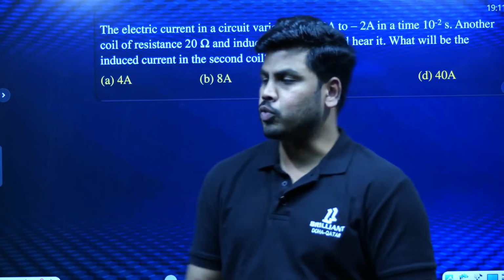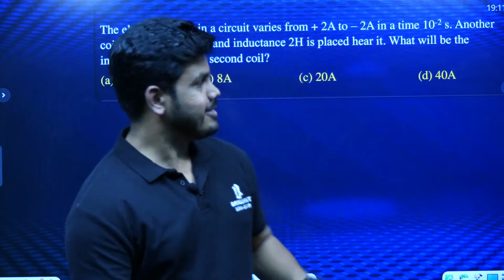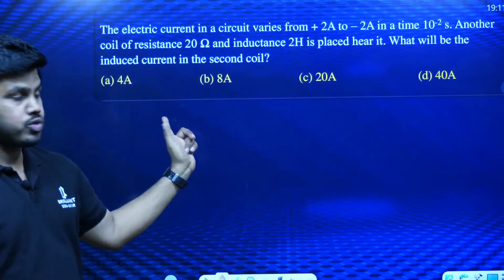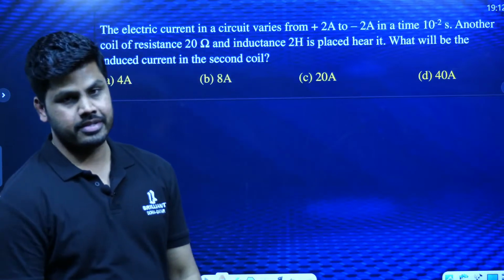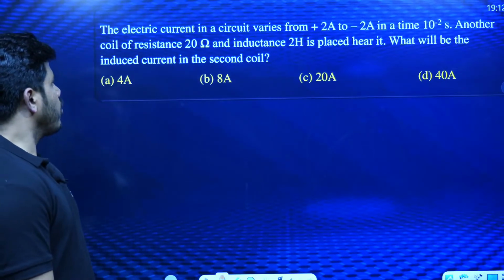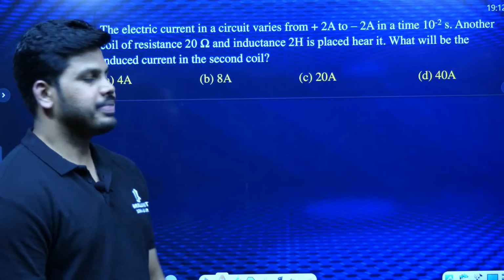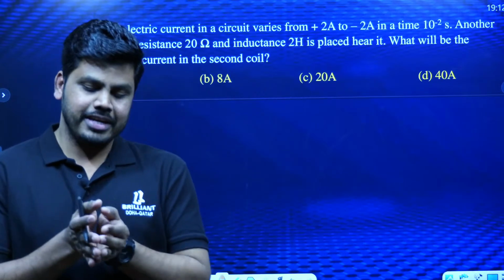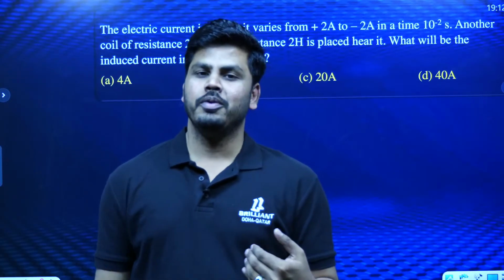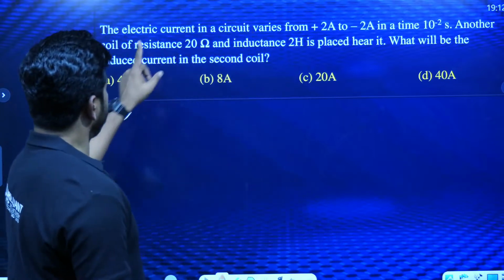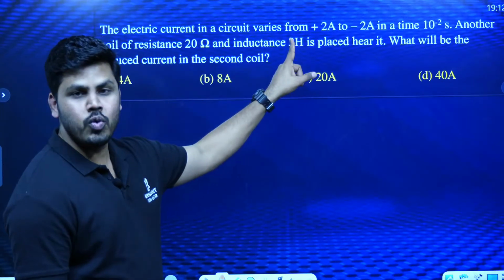The electric current in a circuit varies from plus 2A to minus 2A in a time of 10 raised to minus 2 seconds. Another coil of resistance 20 ohm, yes, another coil. I kept 2 coils nearby, so the question is going to be related to mutual induction. Let's see, 20 ohm and inductance of 2 Henry.